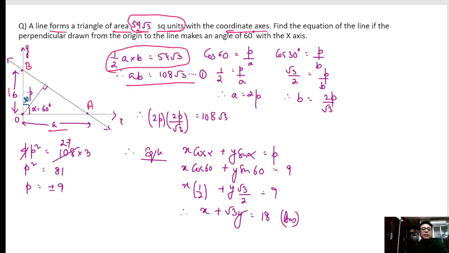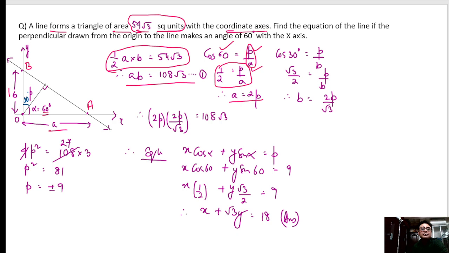Similarly, they are telling us that the perpendicular is making 60 degrees with the positive x-axis, our alpha. So cos alpha and sin alpha. If I use cos 60, how will I write it? Cos 60 is half, so A equal to 2p.